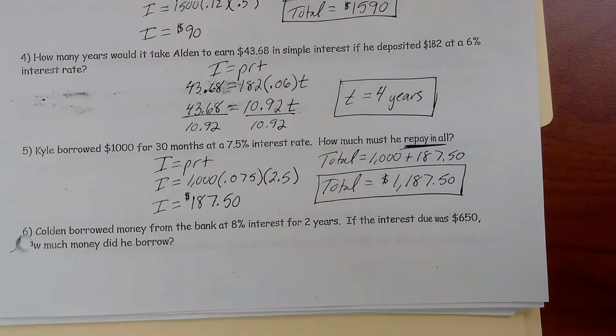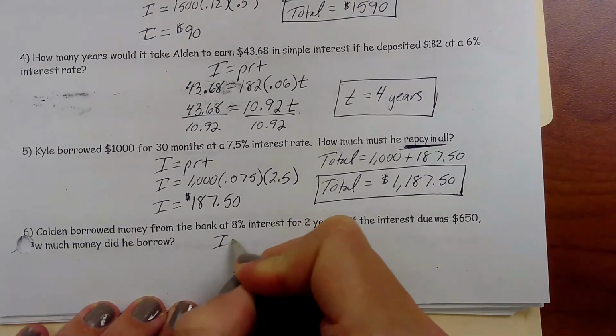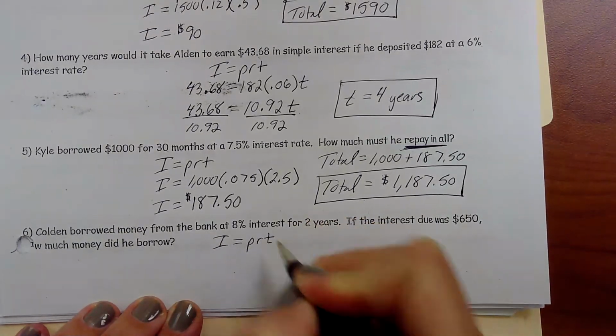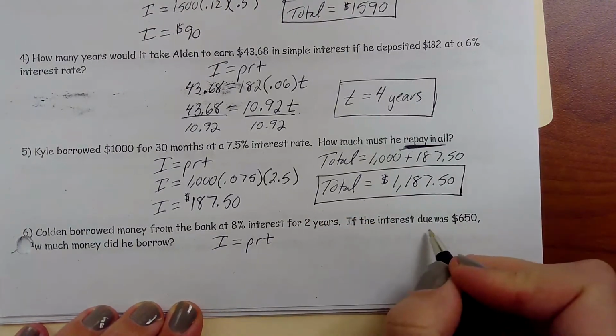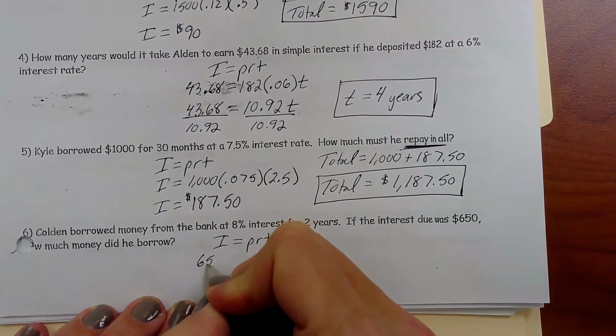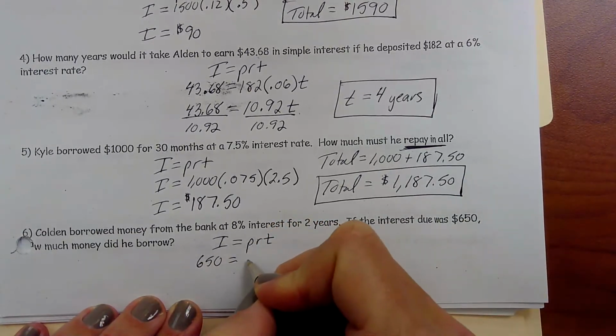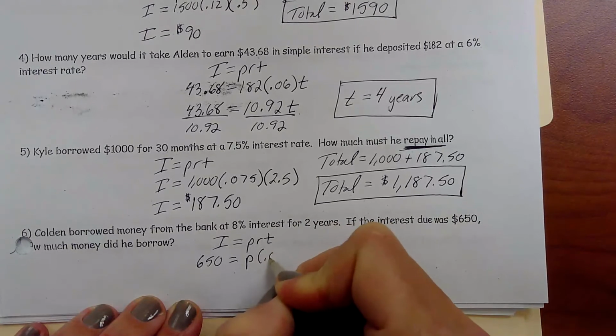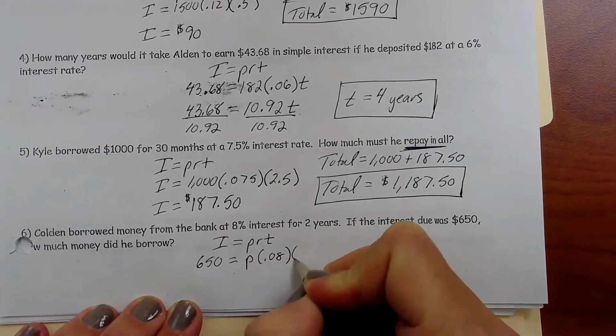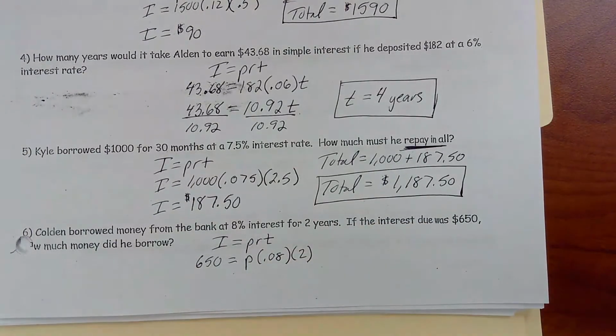Number 6, ooh, a backwards one. The interest is $650. I don't know the principal. The rate is 0.08, and the time is 2.